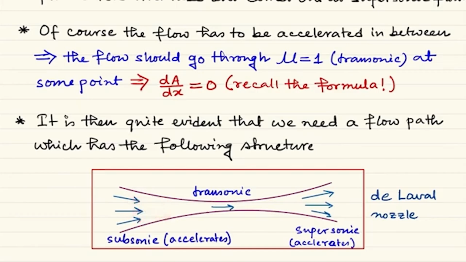Okay, and after that, after passing through this region with constant cross section, finally it is again going to another part. Now in this part it is becoming supersonic.